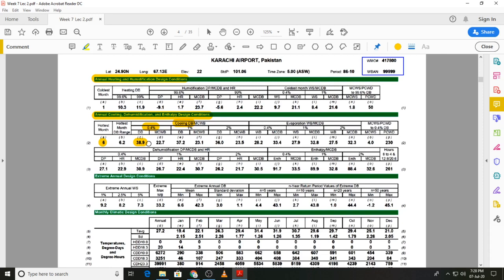Only 0.4% of the times you expect the outside temperature might go above 38.9, but it's not necessary.